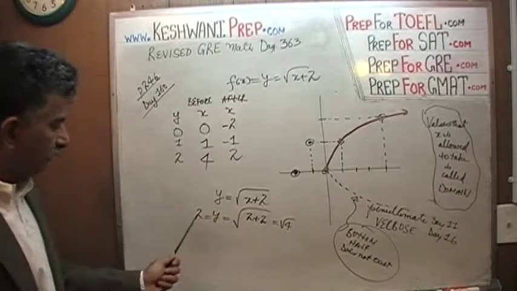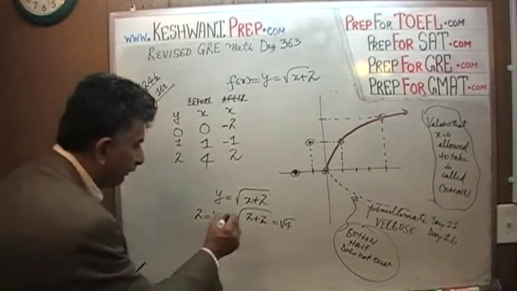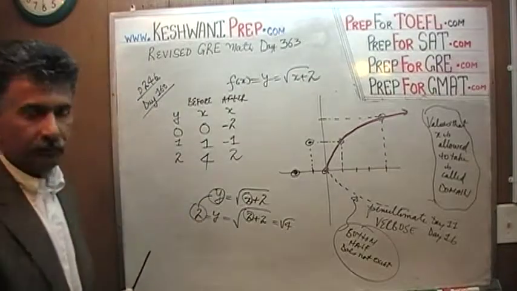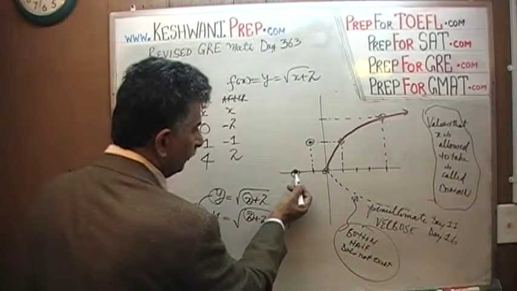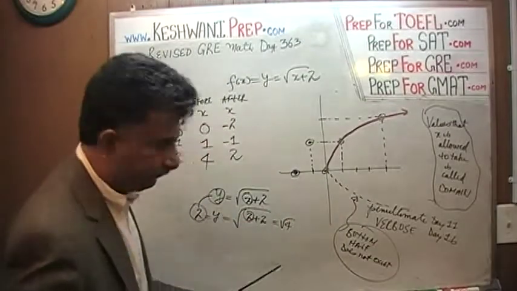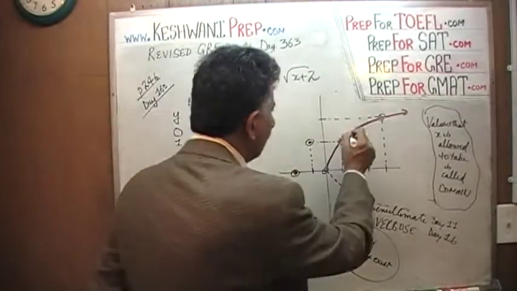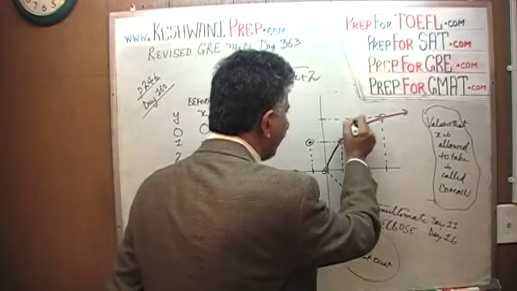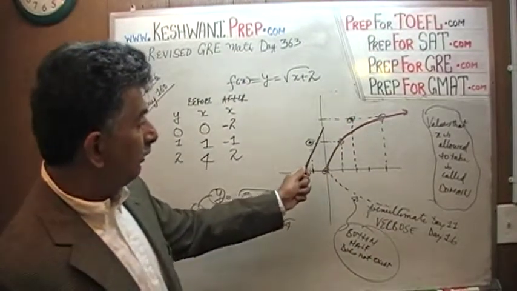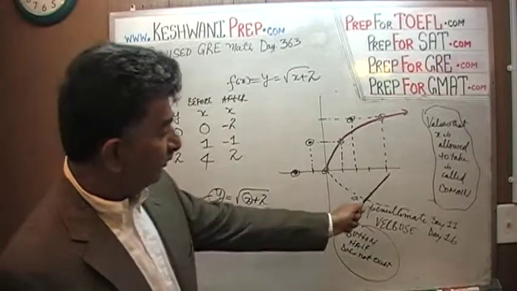The square root of 4 equals 2. So when x is equal to 2, y is equal to 2 also. Before, y was equal to 2 when x was equal to 4.